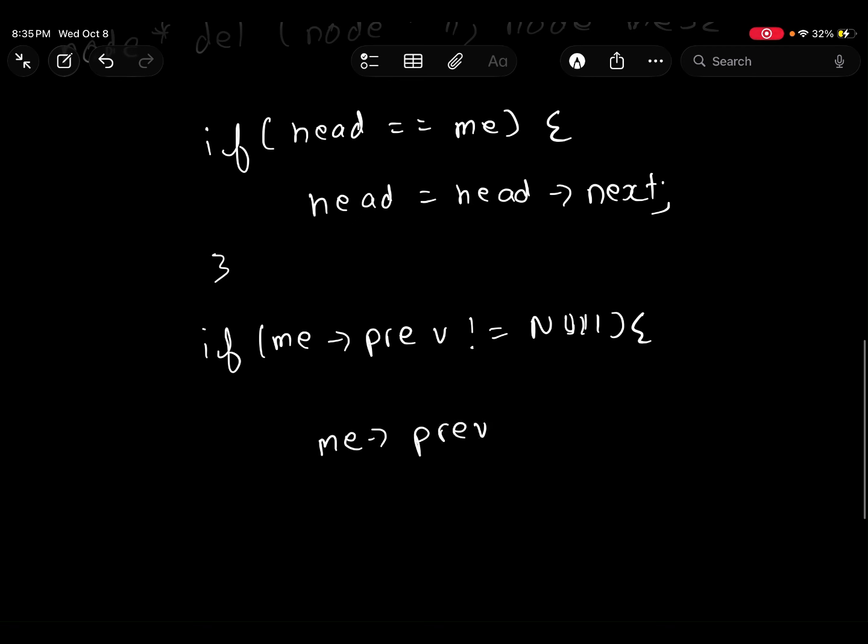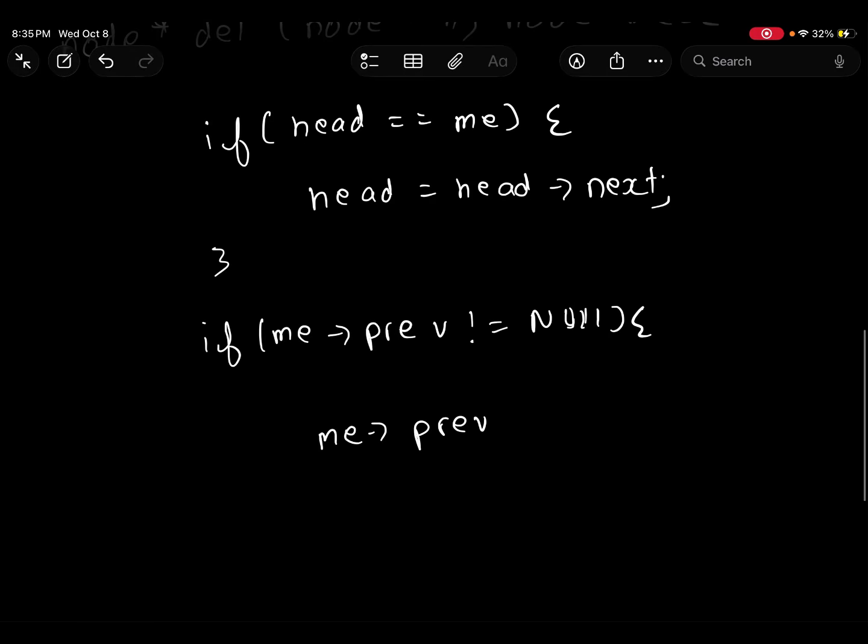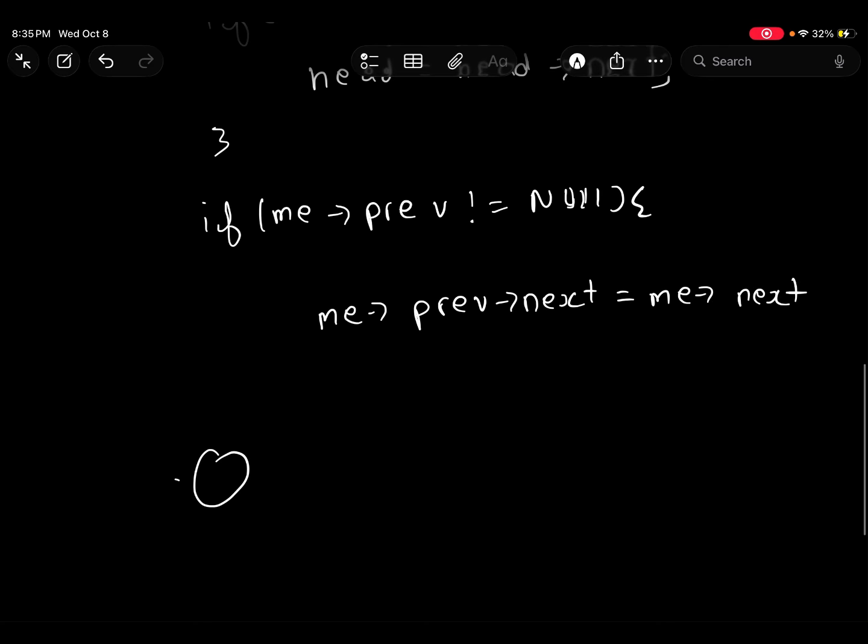This will dereference to the previous node. Now that we're in the previous node, I will dereference to the next part, right? So me arrow prev arrow next is pointing to me arrow next, right? This is the part where we're doing this.